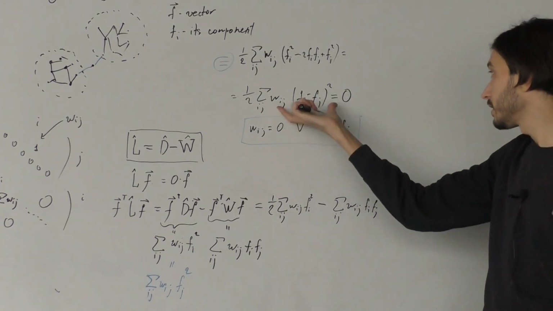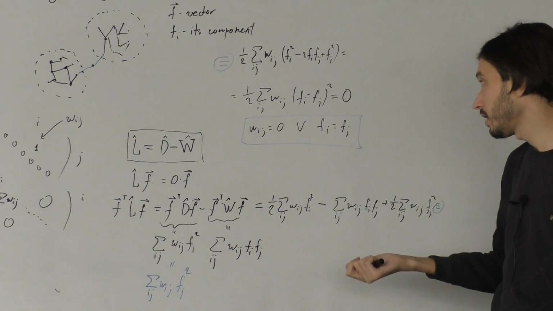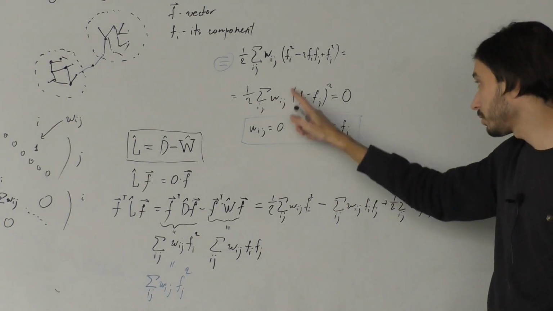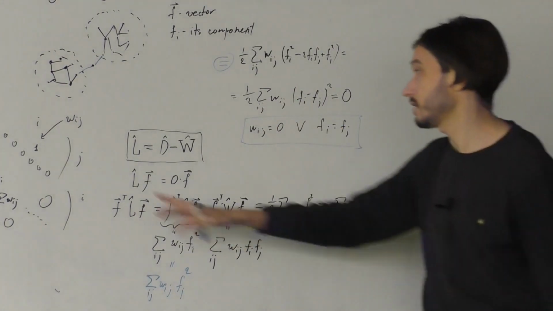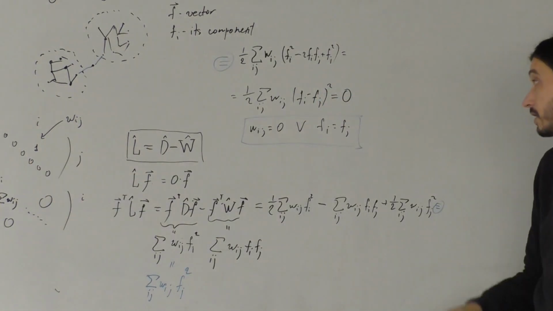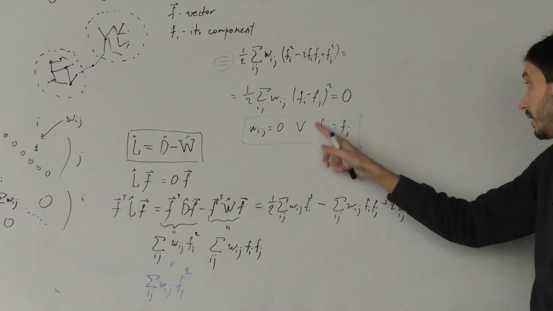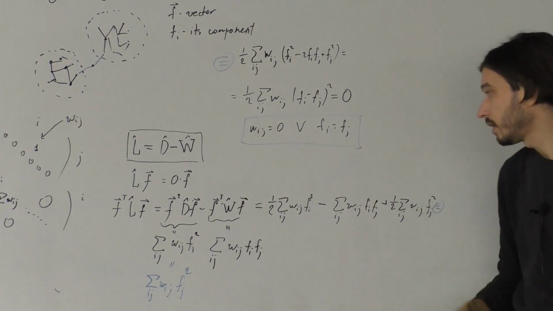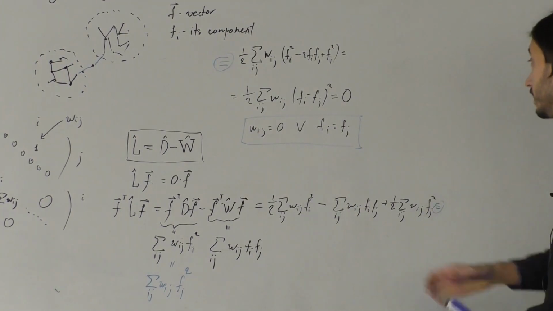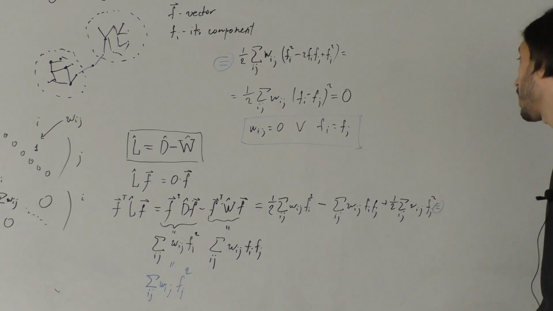So for some i and j, either w_ij is equal to 0, that's quite possible, we have ones and zeros there, or we have f_i equal to f_j. And this is a very crucial part.